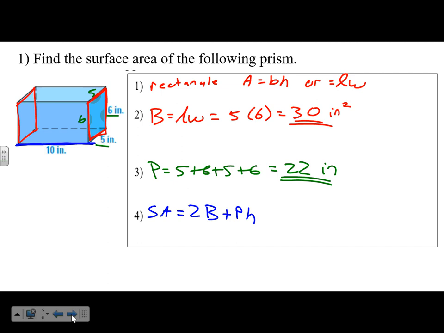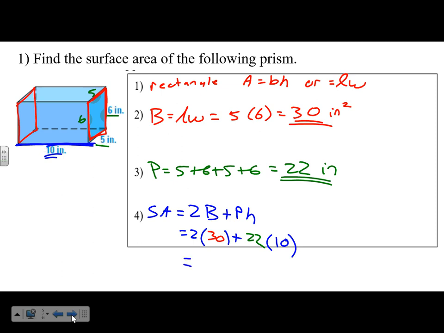So I have 2 times my base area, which was 30, plus my perimeter, which is 22, times the height, which is 10. Since I used the base that was on the right-hand side, it's kind of on its side, so that makes this your height. So make sure you're careful with that.